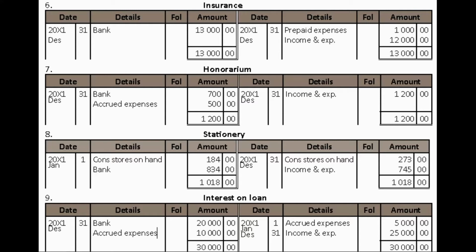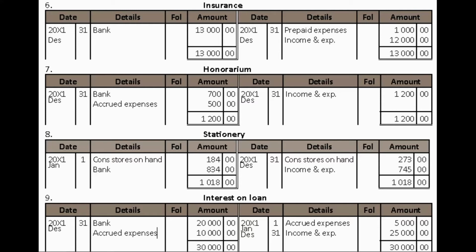And then there is an adjustment number 8 that says stationery unused 273. So that is the normal adjustment. On the credit side of stationery, you have credit consumable stores on hand 273, and that is on the last day of the year. That's for the current year's adjustment. So it's consumable stores on hand 273, and you will debit consumable stores on hand 273.